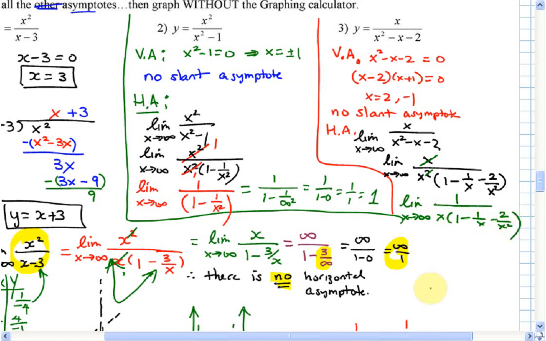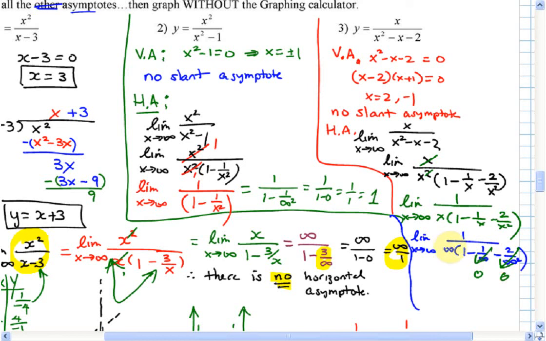Now, when you plug in infinity to this thing, what happens? 1's on the top. What's on the bottom? You've got 1 minus 1 over infinity minus 2 over infinity squared. What's all this infinity stuff when you have it in the denominator? That just becomes 0.